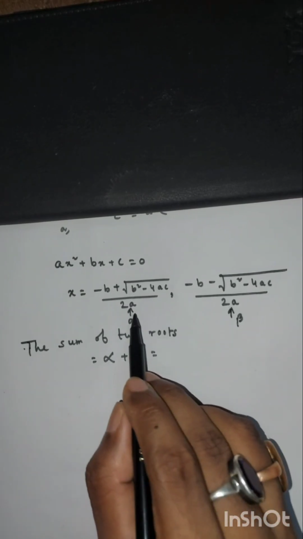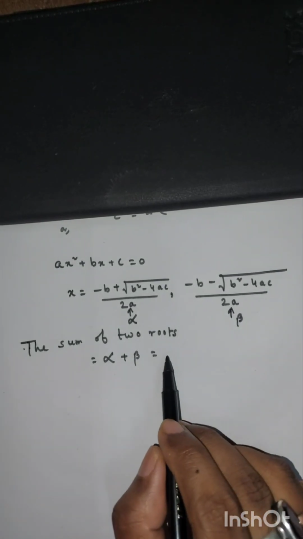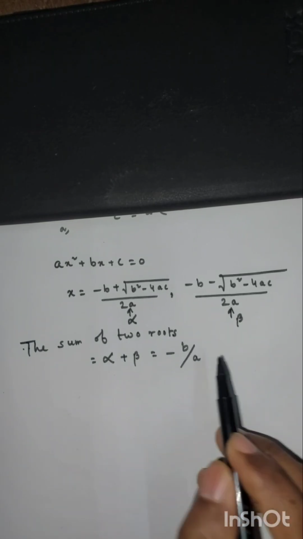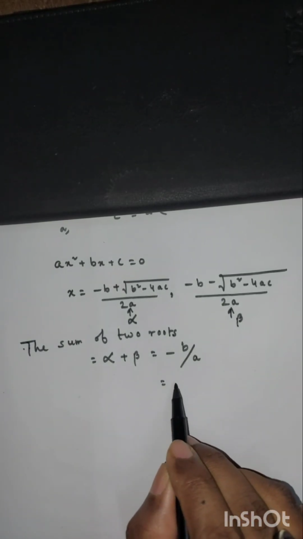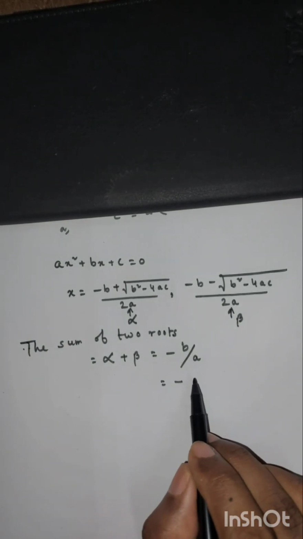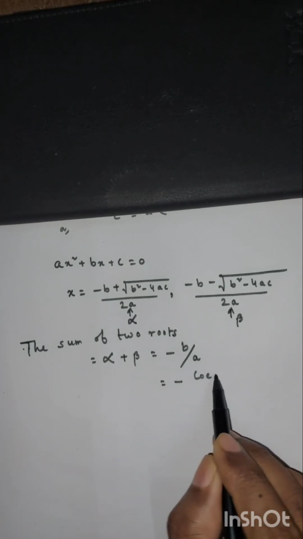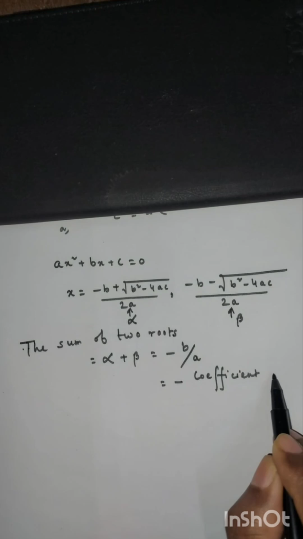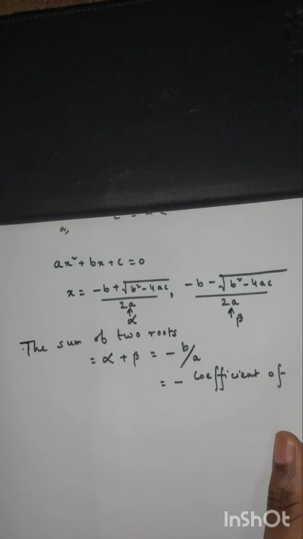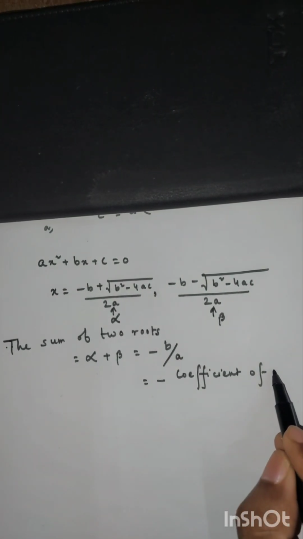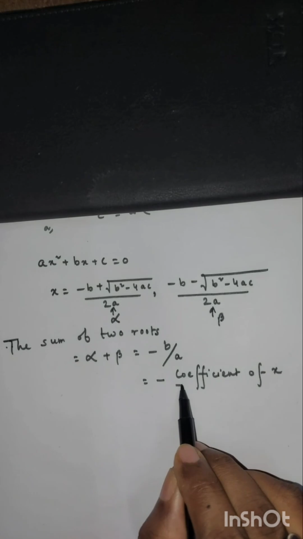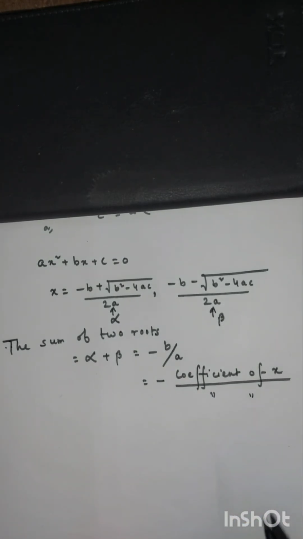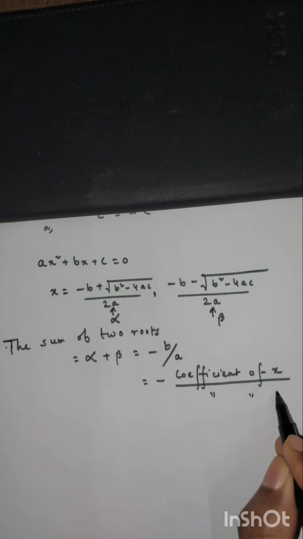If we add these two things, on simplifying we get minus b by a. Therefore it is minus coefficient of x by coefficient of x square.